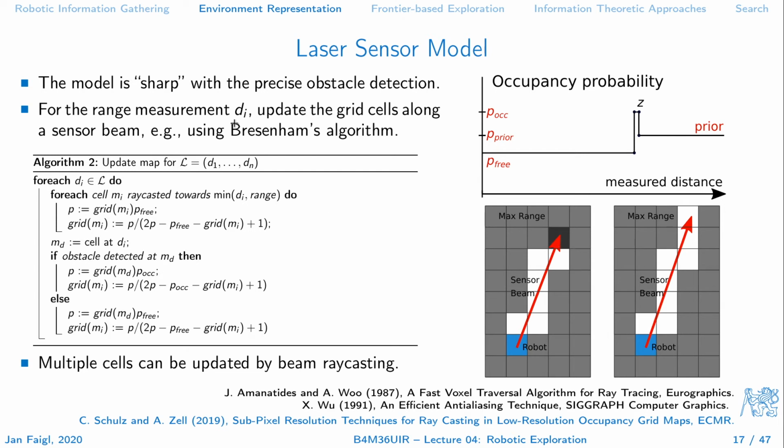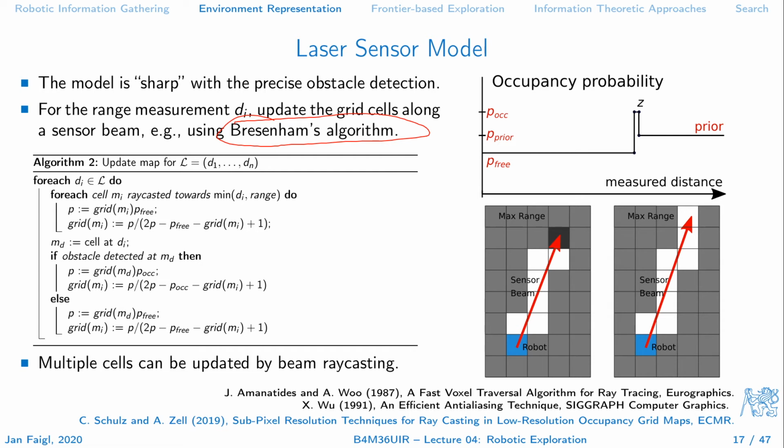And for that, you can use the algorithm for drawing lines from computer graphics. And this is basically the idea, but you will implement that in the labs for some of your homeworks.